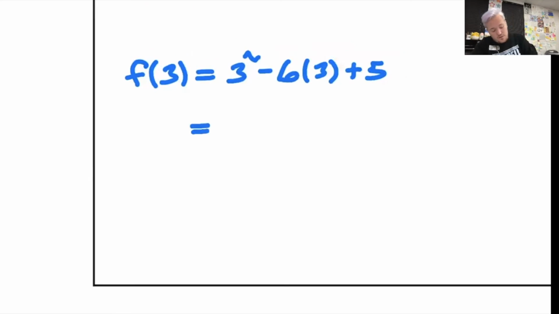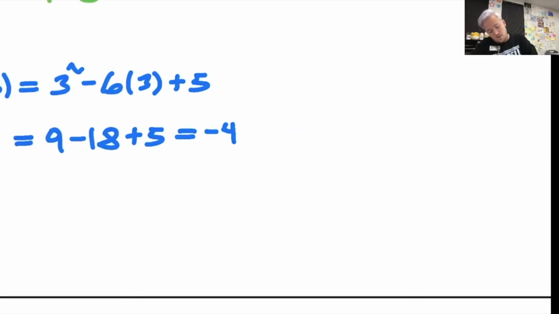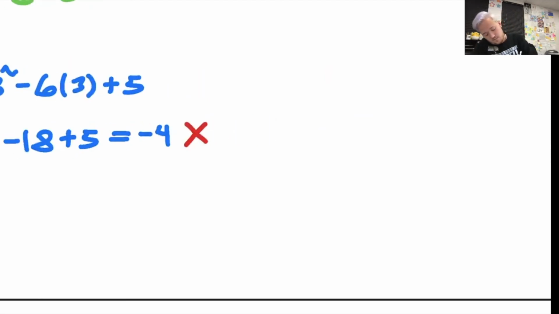So 3 squared gives you 9, minus 6 times 3, which gives you 18, plus 5. So 9 minus 18 gives you -9. -9 plus 5 gives you -4, which is not equal to 0, so it doesn't work. That means this is not a solution.